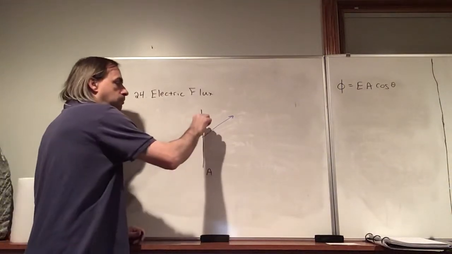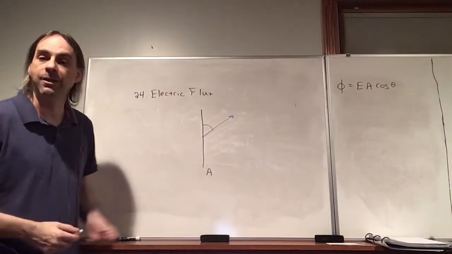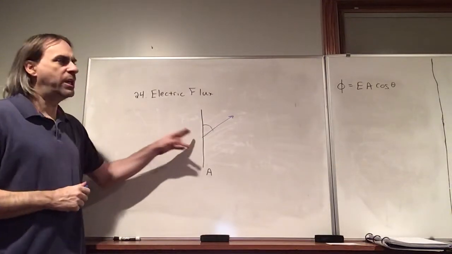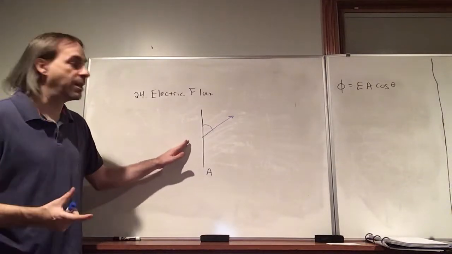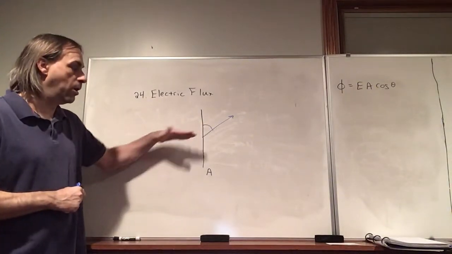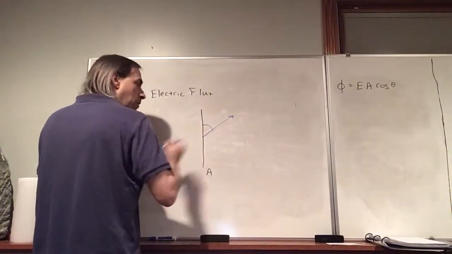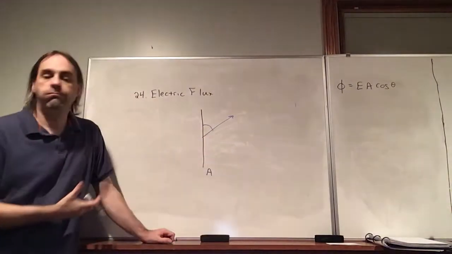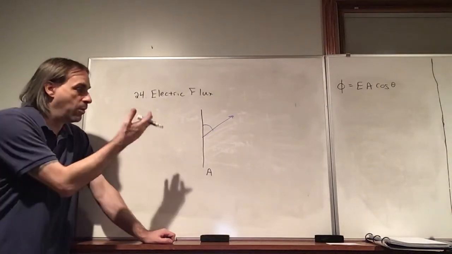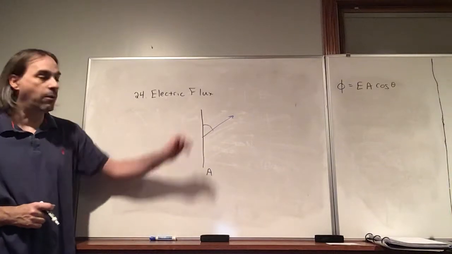Well, that. You can see you've got these two lines. There's an angle between them. So if you look at the formula, you might think, okay, there's an angle involved. It must mean this one. No. You have to know that there's a normal vector here. The normal vector probably wouldn't be drawn on the picture if you have a picture of this surface and the electric field.